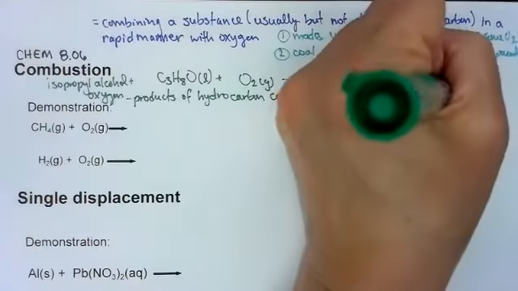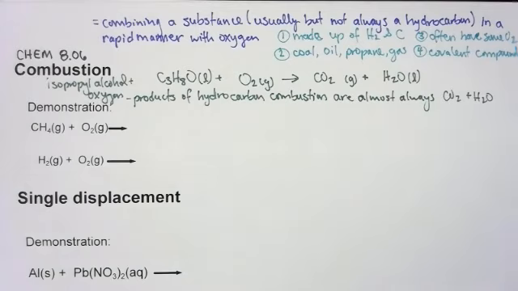We have an exception down here because we're combusting hydrogen, but there's no carbon, so we can't make carbon dioxide. Finding the product for these reactions is really pretty simple because it's always going to be CO2 and H2O. The challenge on these can be balancing.